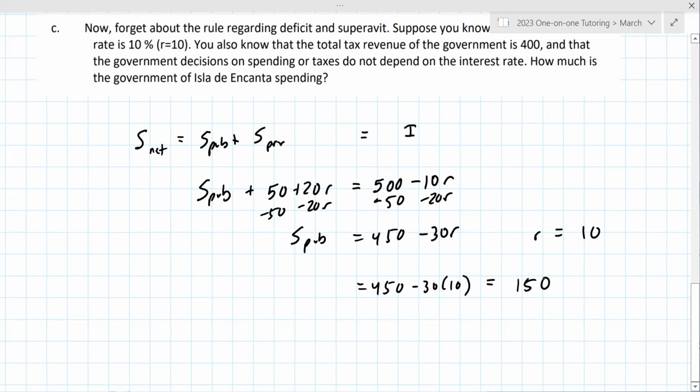And then the savings, I guess we use this equation in problem one.